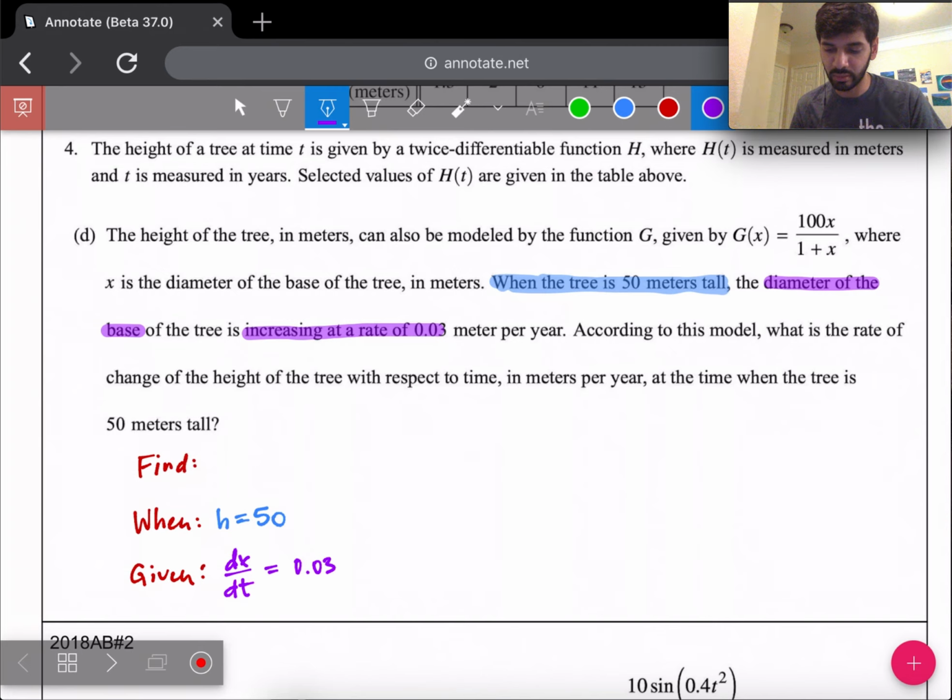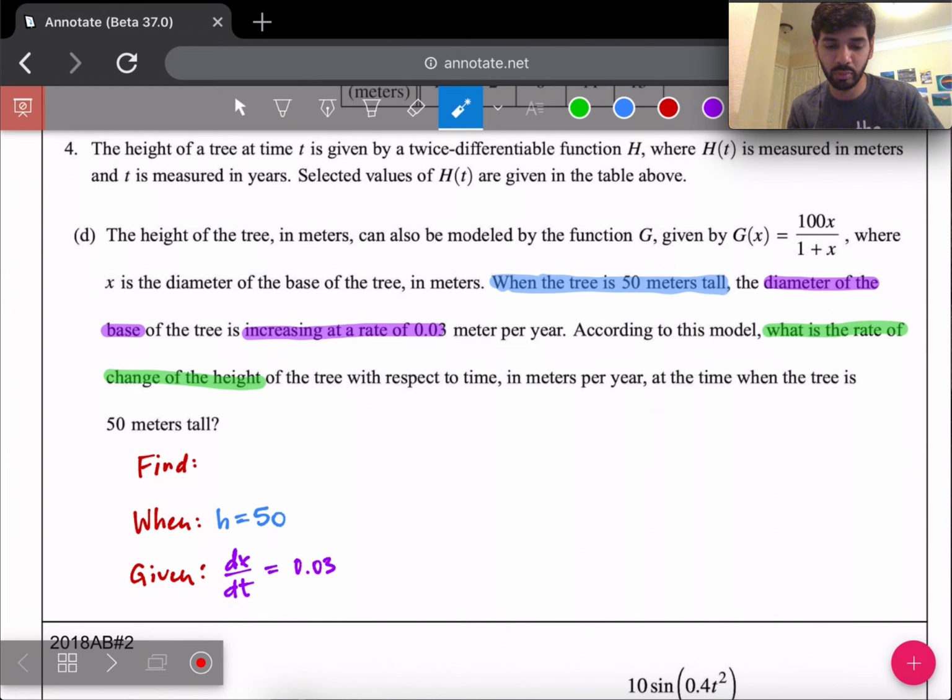Okay, and then the find is usually in the question. So I need to go look at my question and figure out what am I trying to find. It says what is the rate of change of the height. Okay, now height is given by this function g here. So I need to figure out what's the rate of change of this. G is representing the height.